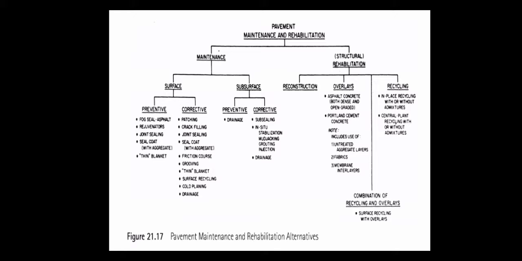For example, preventive strategies for pavement surfaces include fog seal asphalt, rejuvenators, joint sealing, seal coats with aggregate, and a thin blanket. This figure is provided to assist in understanding the purpose for which a given treatment is intended.